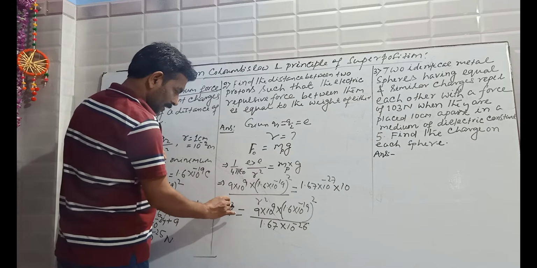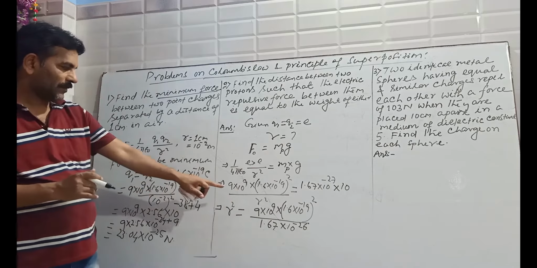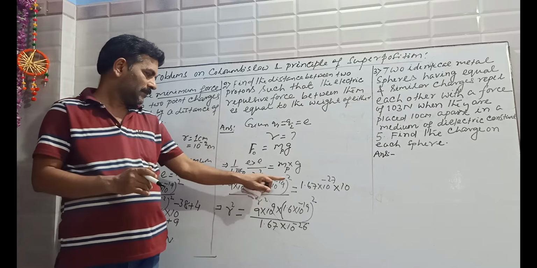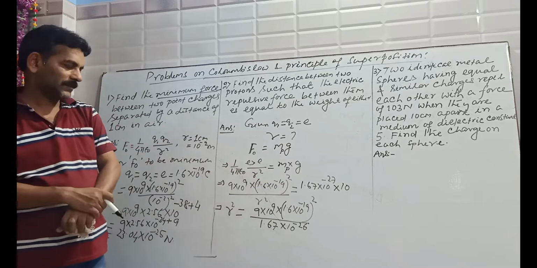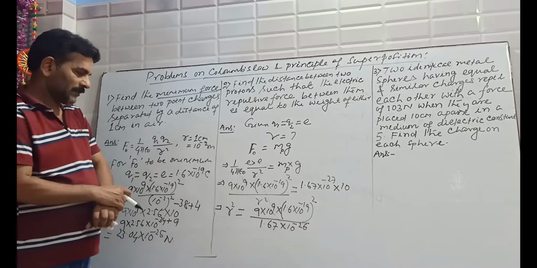This is R square, not R. R square is this divided by 1.67 into 10 to the minus 26.